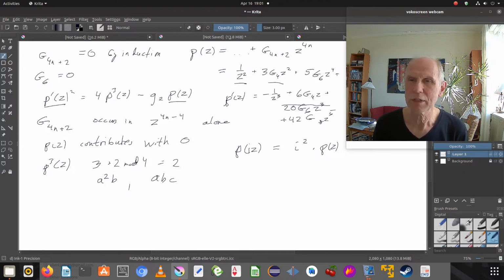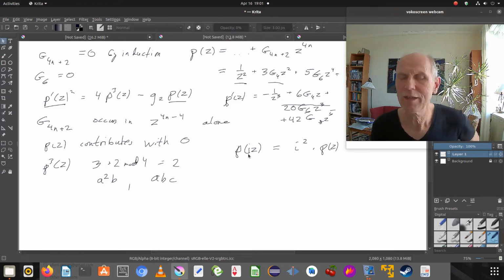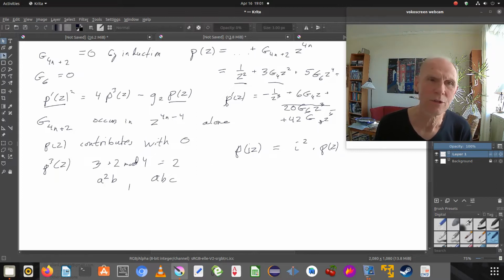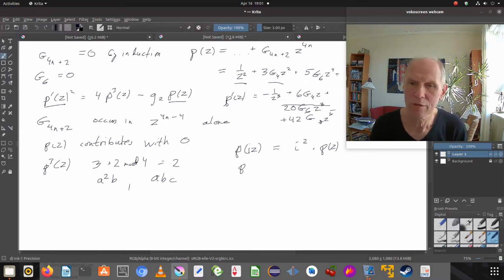So when we multiply z by the square root of minus 1, the imaginary unit, here we multiply by I, here we divide by minus I, so it's the same as multiplying by I. So I claim the derivative of Iz equals the derivative times I.